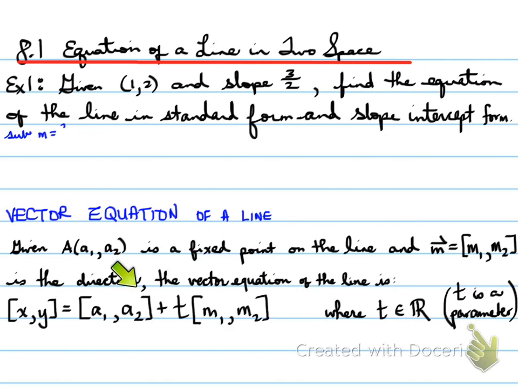So I could find any point on the line as long as I know my point and the direction vector. I would just need to plug in a number. We're going to look at examples of this throughout this course.